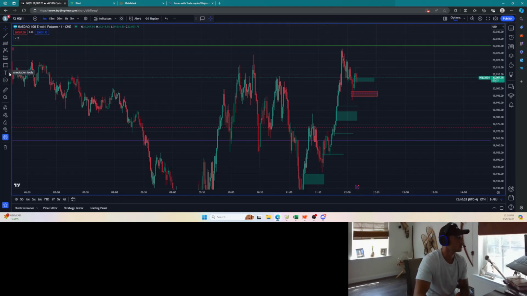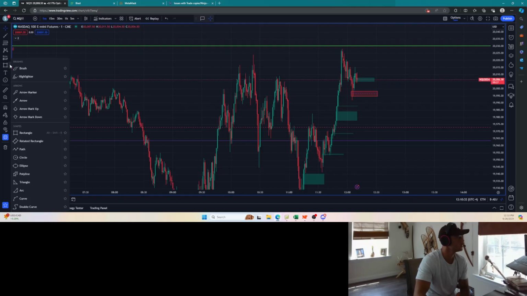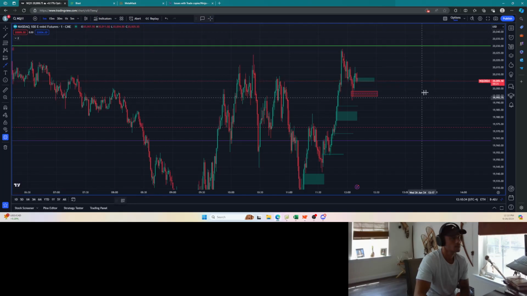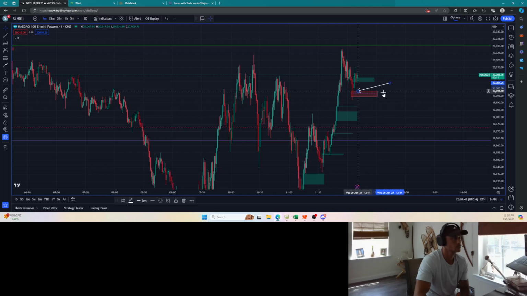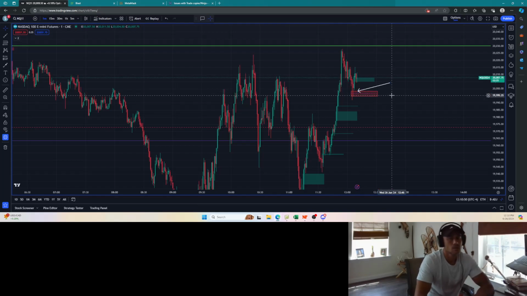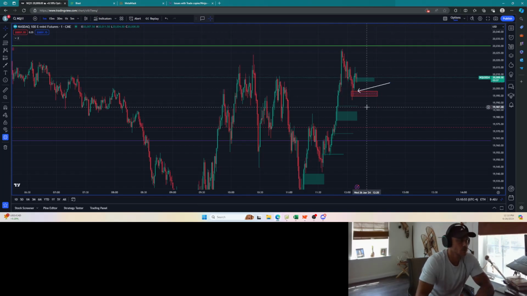So I want them to take the low, create this gap on the way down with a displacement. Then I want them to pump it and close above that gap. And that's what we call an inversion gap, right?